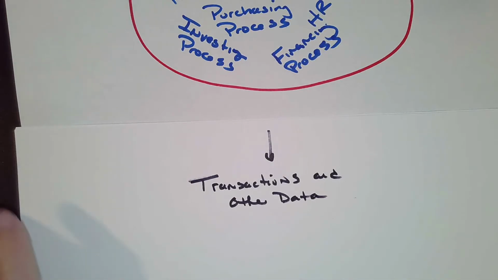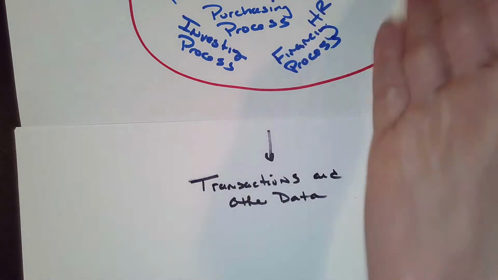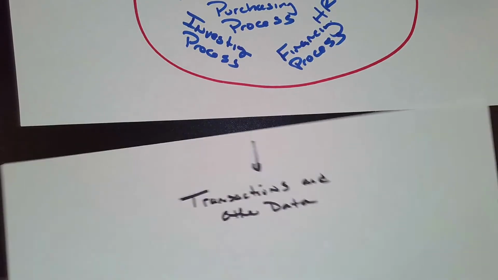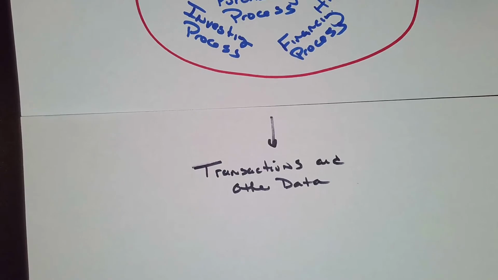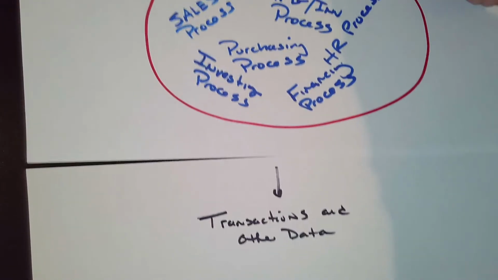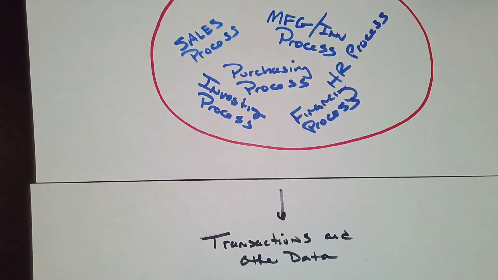So for example, other data, right? The transaction of paying somebody is an accounting transaction. How quickly am I paying them? How quickly are they getting their money? That's other data. The transaction of making a sale and getting it delivered: the sale is an accounting transaction.